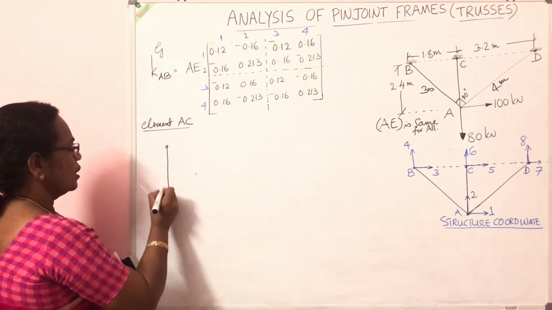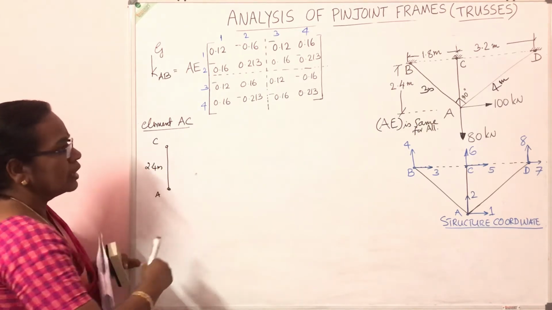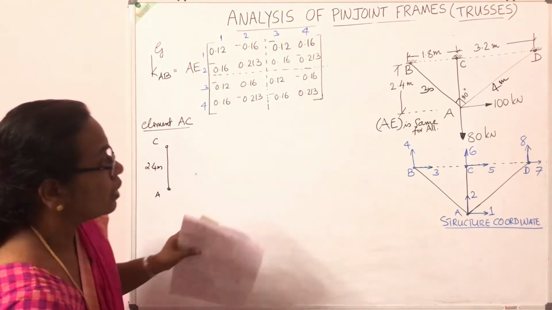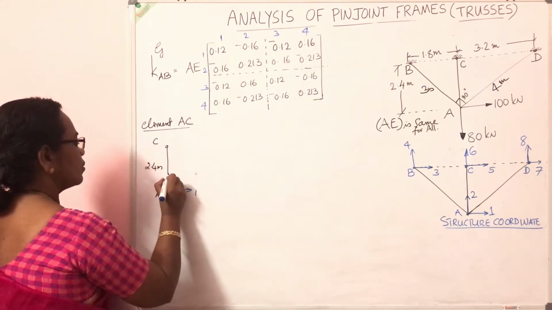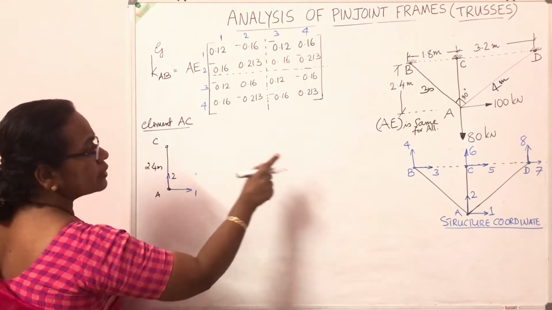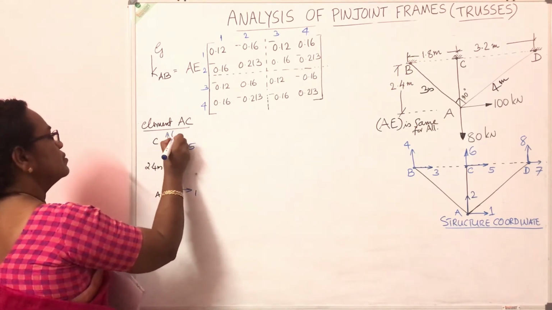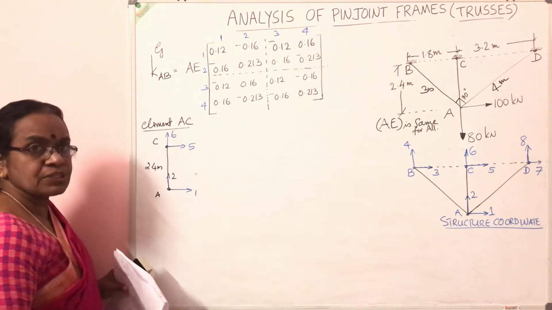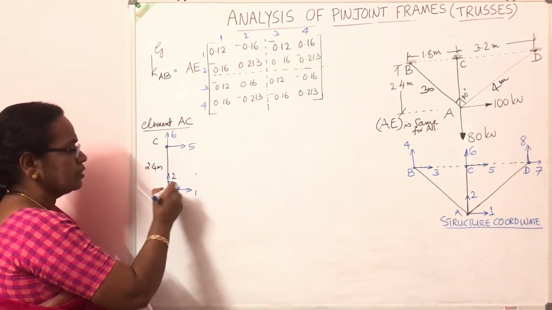This is joint A, joint C. The length of the member is 2.4 meter and the coordinates are at the first node. This is the first node. The coordinates are 1, 2 and the second node it is 5, 6. Measure the angle from the element up to the x positive direction at the first node.